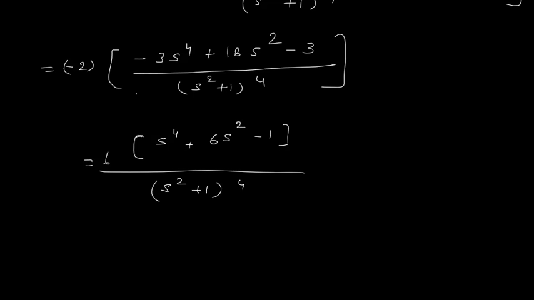Now if you see carefully, this is s square minus 1 the whole square, and this is s square plus 1 the whole power 4. So this is our result for t cube into cos t.